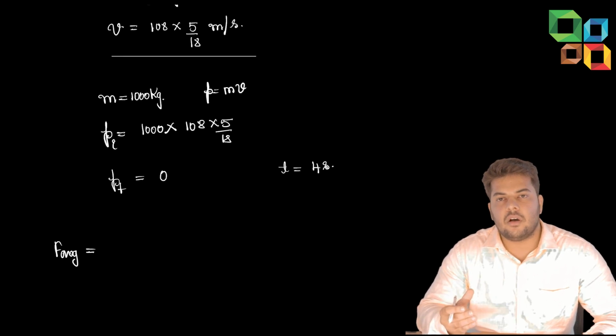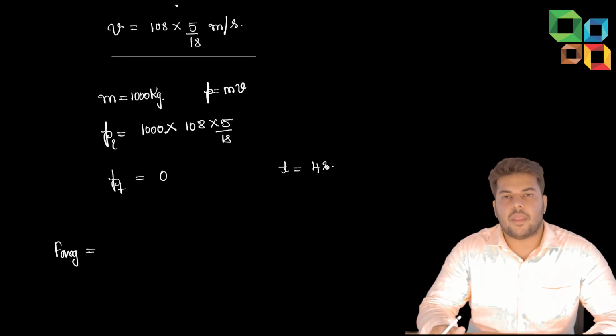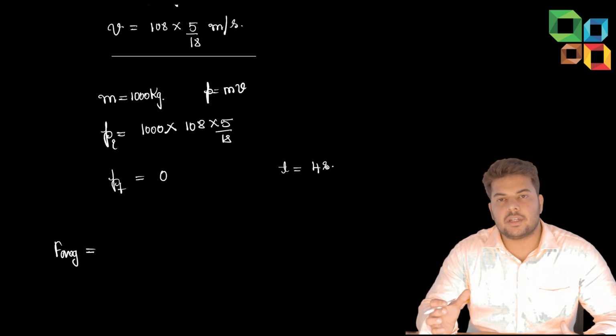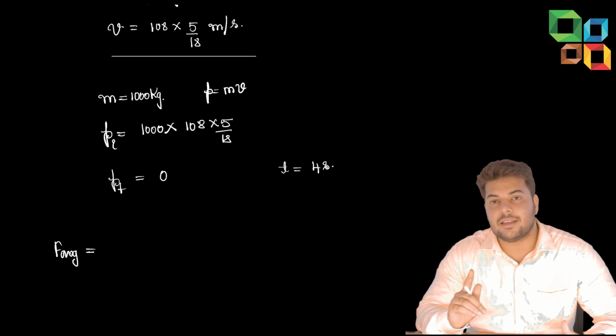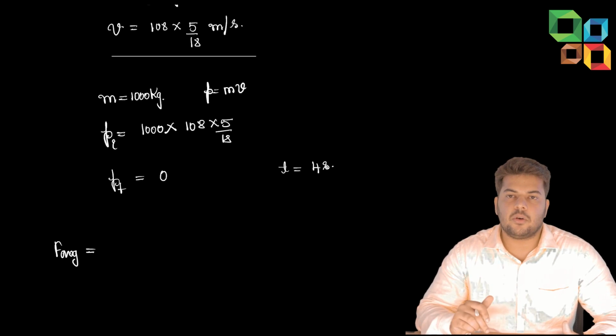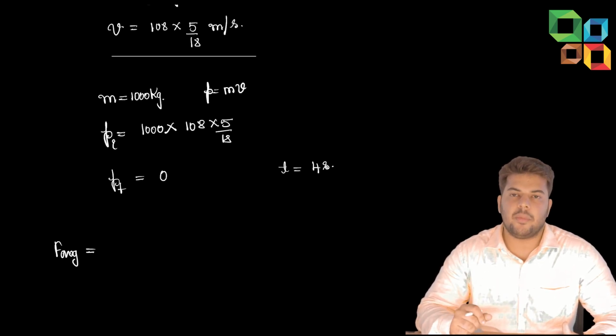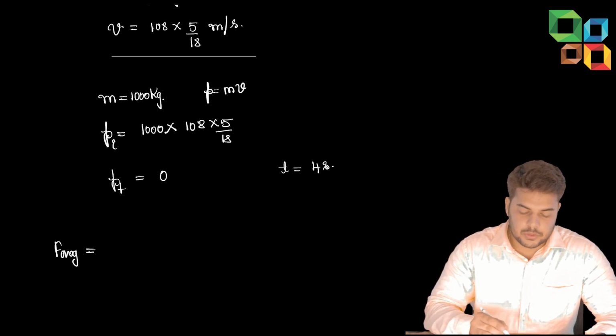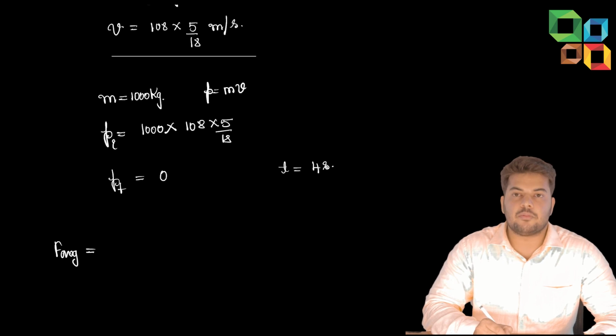If you recall my lectures on average velocity, total change in distance divided by total change in time. Oh, I'm sorry, I said distance; it is total change in displacement divided by total change in time. Here average force would be total change in momentum divided by total change in time. So what is the total change in momentum?